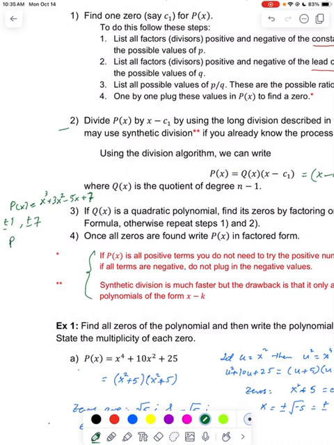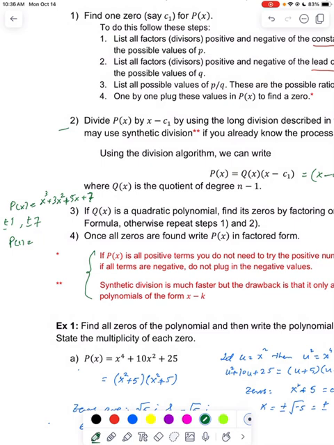We do not need to find P of 1, because you can see everything is positive. If everything is positive, if I plug in a positive number for x, I'm just going to get a positive number. There is nothing to cancel out to make it a 0. So that's what is being said. That saves you time if you can see those things.